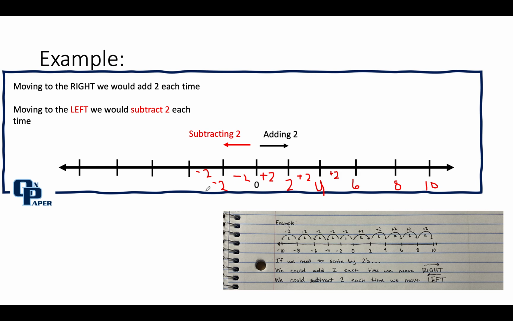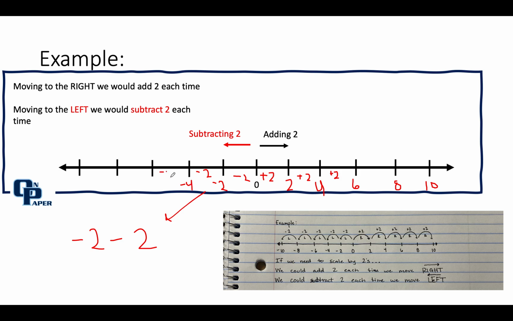Here's where it gets kind of tricky. What you need to type in your calculator, you're going to type -2 minus 2. Looks kind of funny, but trust me. So you're going to type in whatever number is down here on our number line first, which was -2. And then every time we move, we are subtracting 2, so you're going to type in just a minus 2. And you should get -4.